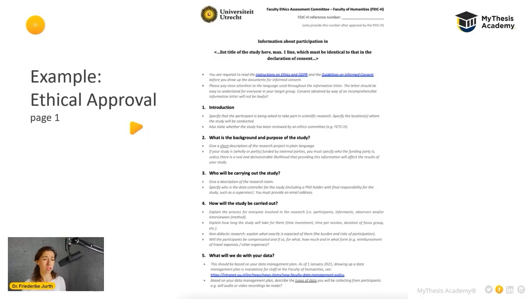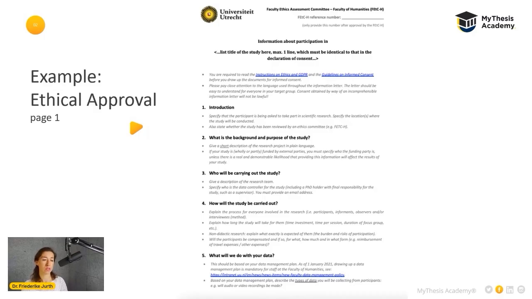If you have a look at this form, you can already get an idea of what is expected. It starts with some general information, like a title, and you also need to provide some personal information. There will also be a reference number and so on. These are more or less formalities. Then it starts with an introduction.